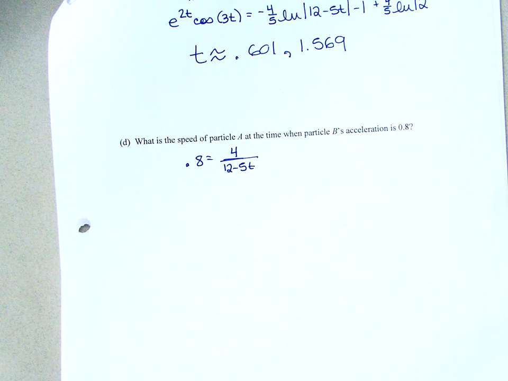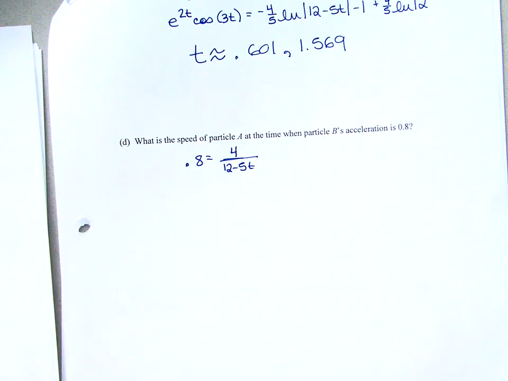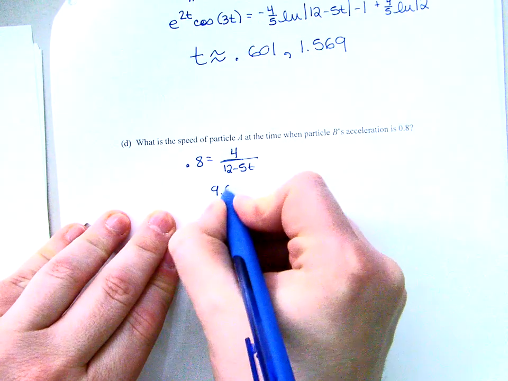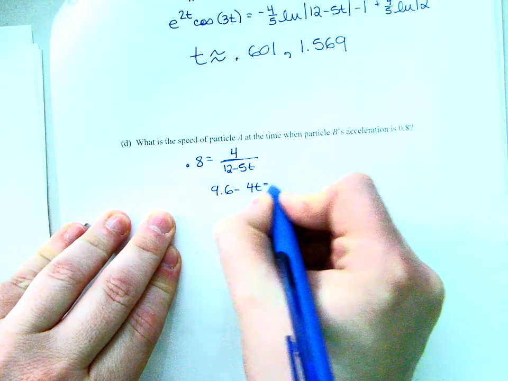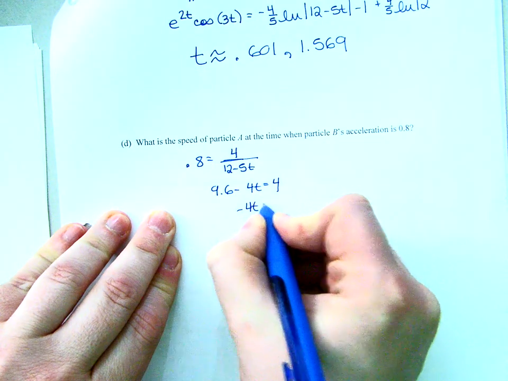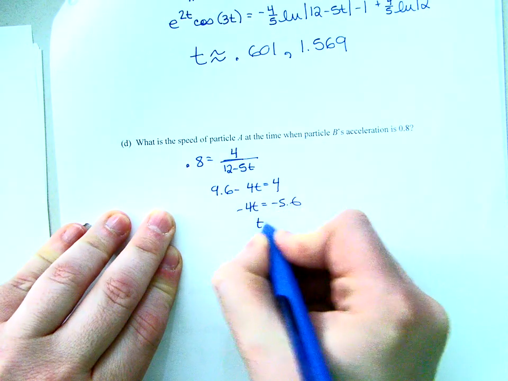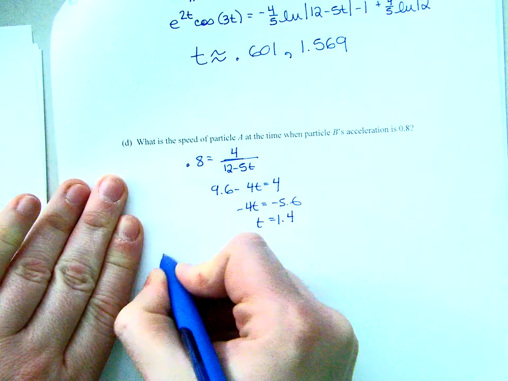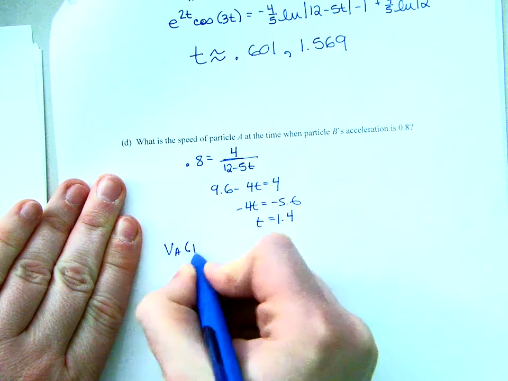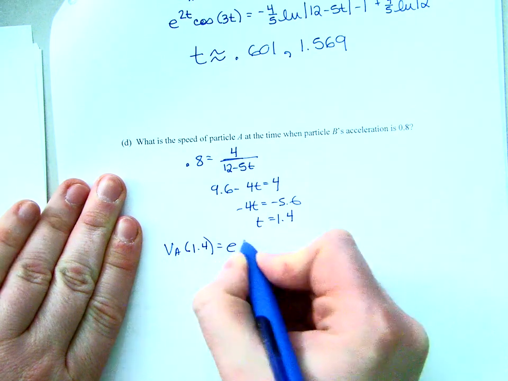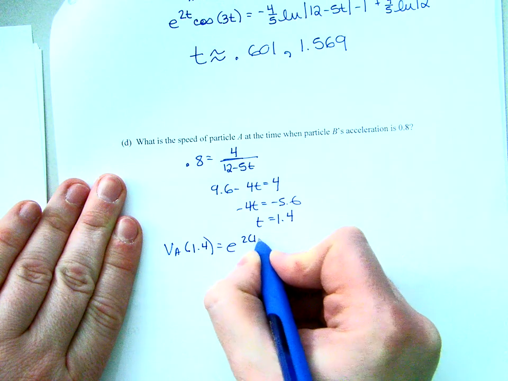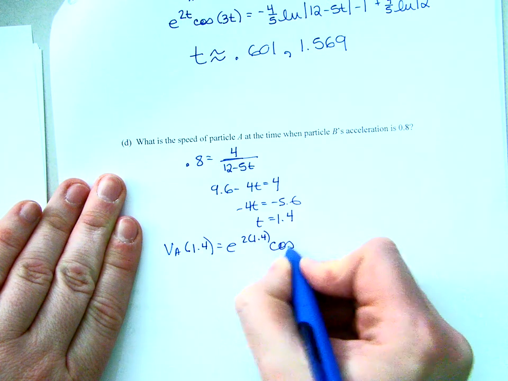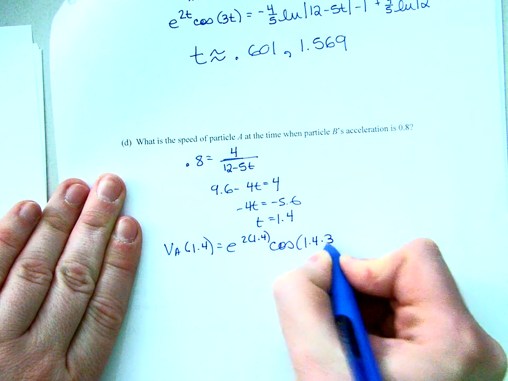Try that again. Okay. What's the time? 1.4. I would cross multiply and solve. I said 9.6 minus 4t equals 4. Negative 4t is negative 5.6. T is going to be 1.4. Your velocity is e to the 2 times 1.4 times the cosine of 1.4 times 3.